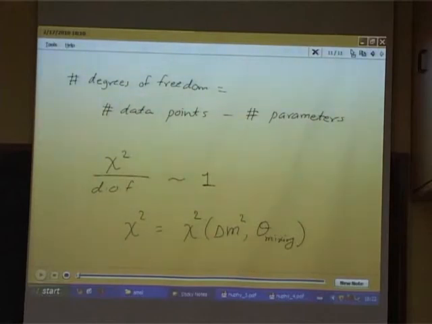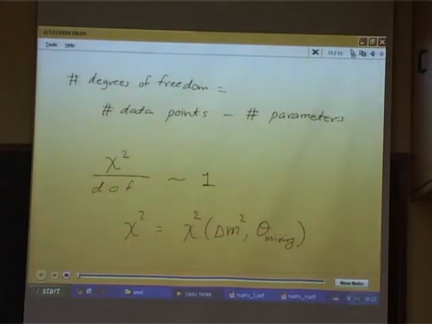This means that for each value of delta m square and each value of theta, we will find some value of chi-square. This is clear, right? These two are your parameters, delta m square and theta. You go over the whole range of allowed values of theta and of delta m square. For each of these values, you find a value of chi-square. Then you go to that point where chi-square is minimum. That is your best fit point.